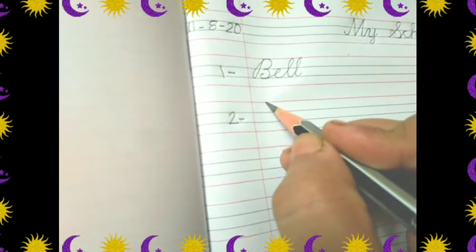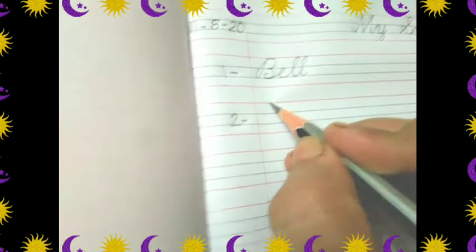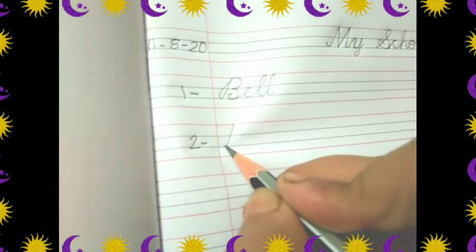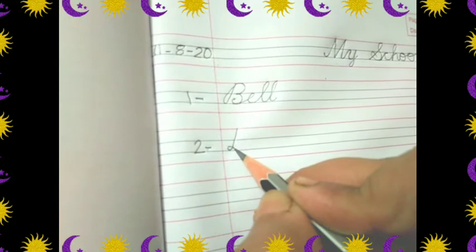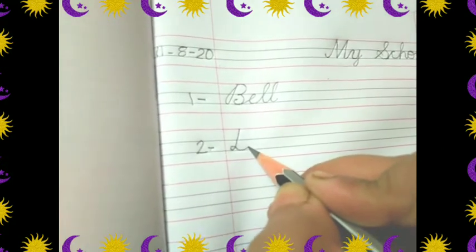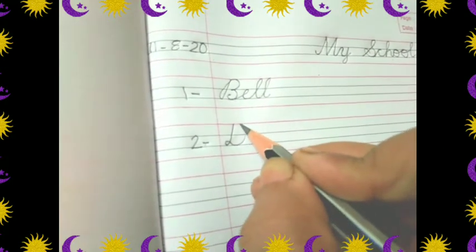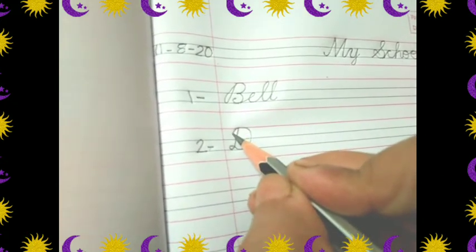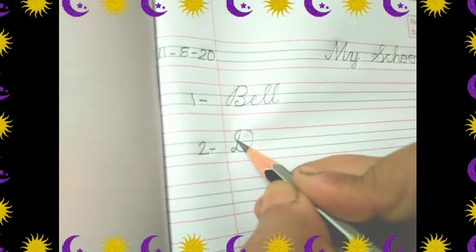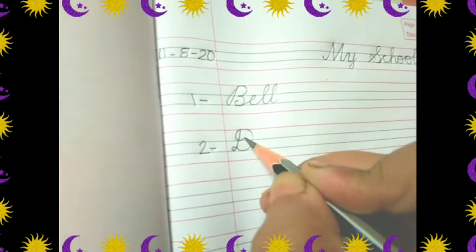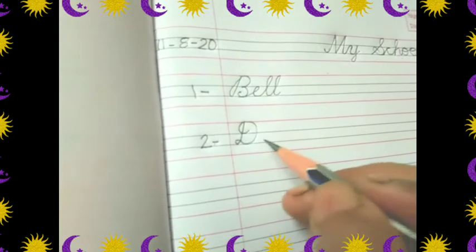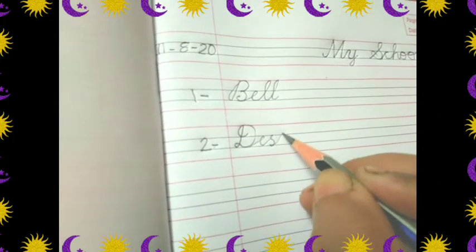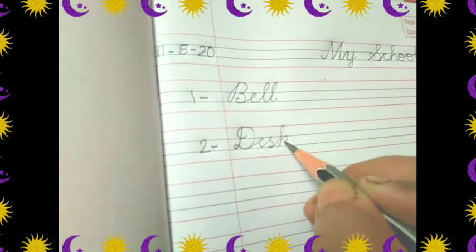Now we will make a capital cursive D. Now see, take a slanting line towards bottom line, third line, curve it from the back, and now take a curve line which will go top of the line, and from the outside this will touch on the second line, and this is D. D E S K. Desk.